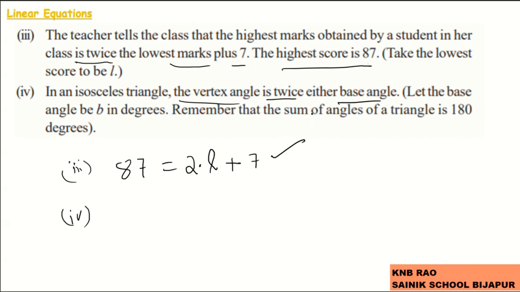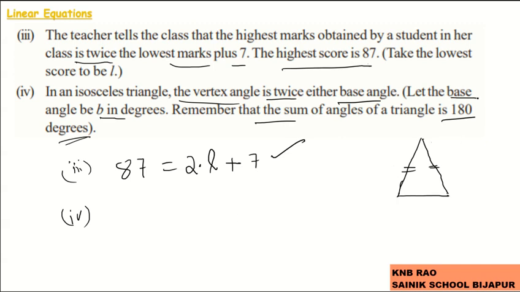Let the base angle be b in degrees. Remember, the sum of angles of a triangle is 180 degrees. So to solve this, we shall draw the isosceles triangle figure. You know, in an isosceles triangle, any 2 sides are equal.